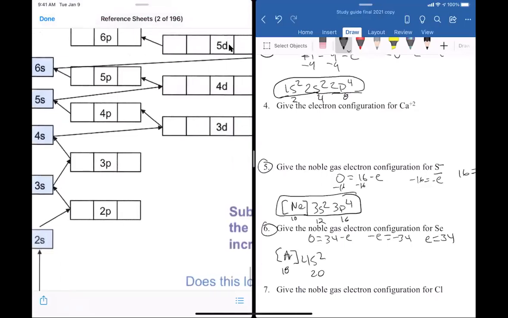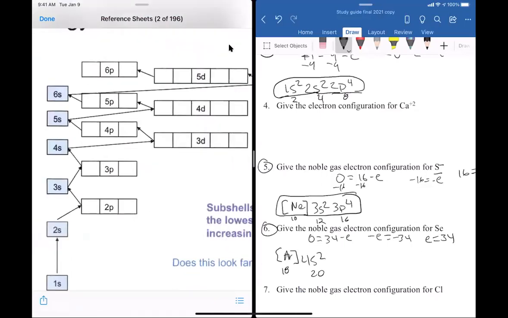After 4s, where do we point to? Where does 4s point to after that? Yep, 3d. Okay, and then there we have 3d10. We can house 10, so that would be 30.